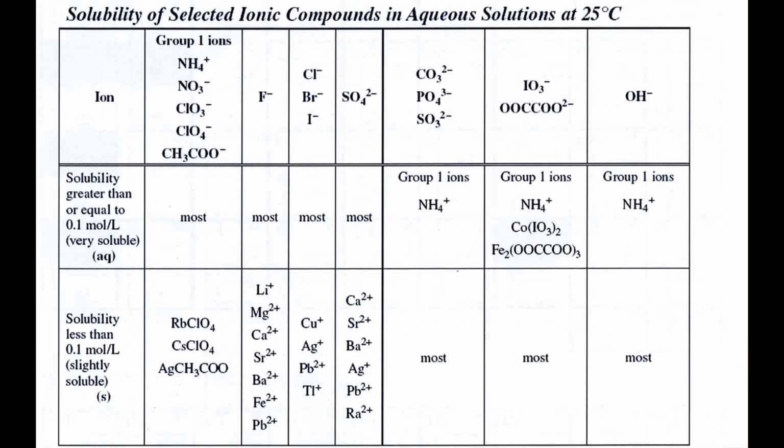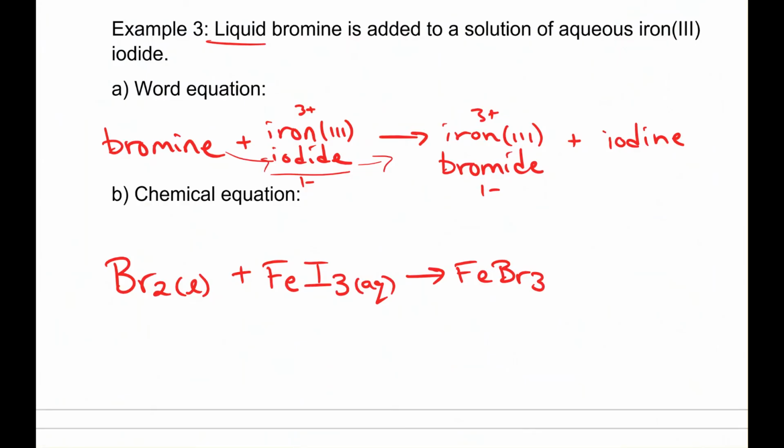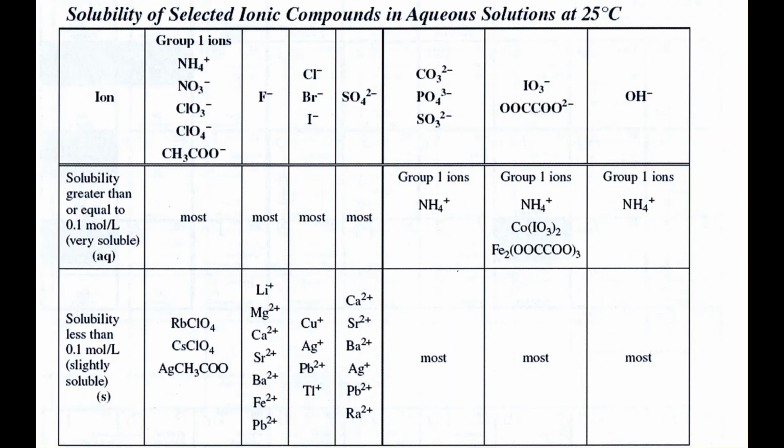And let's go to our data booklet and check. I'm looking for bromine here. Bromine here. And I don't see iron 3, so it will be aqueous. And iodine, absolutely, I2 and solid. And we know it's a solid because we're checking our data booklet.